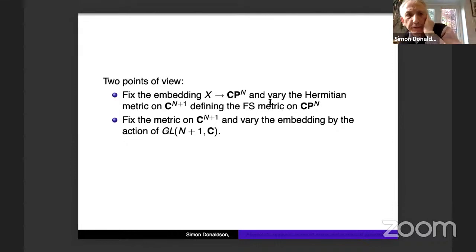The other point of view, which of course is equivalent, is that we think of fixing the metric on C^(n+1), and therefore fixing the Fubini-Study metric on projective space, and then varying the embedding of X by moving it around using the action of projective transformations.